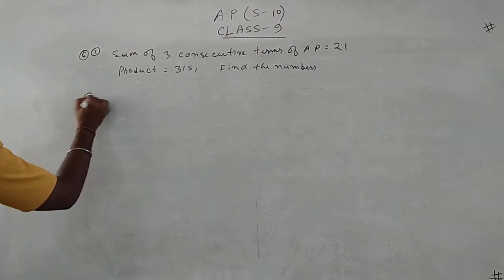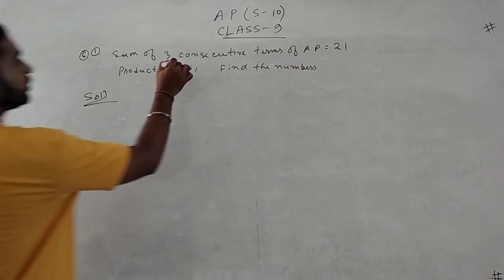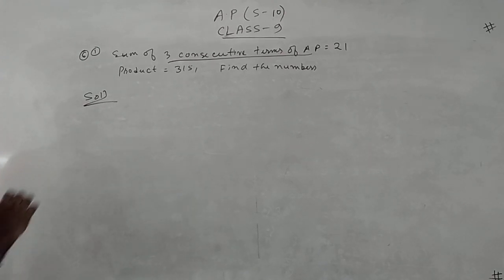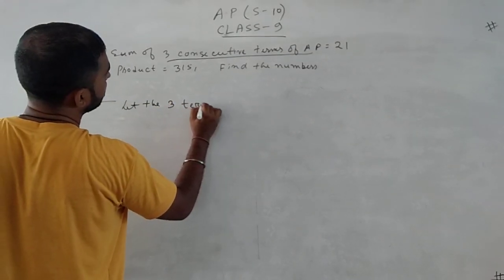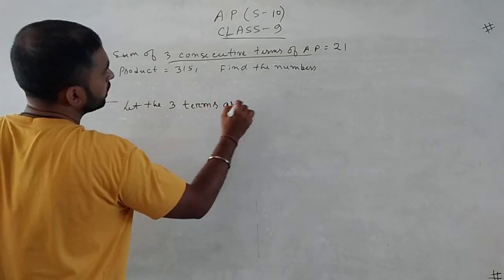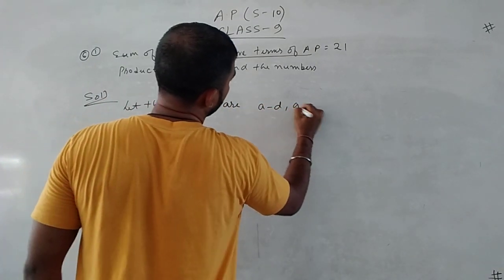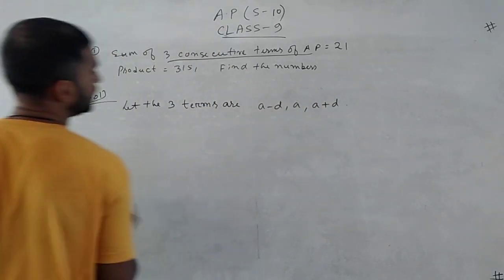Okay, now here in this question, I told you that if there are three consecutive terms of an AP, let the three terms be a minus d, a, a plus d.